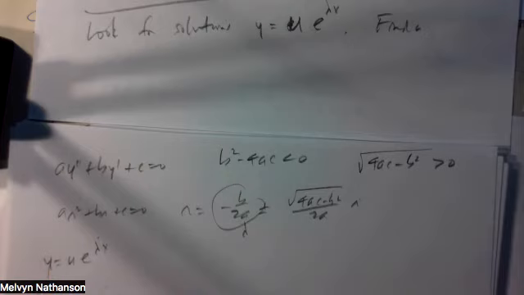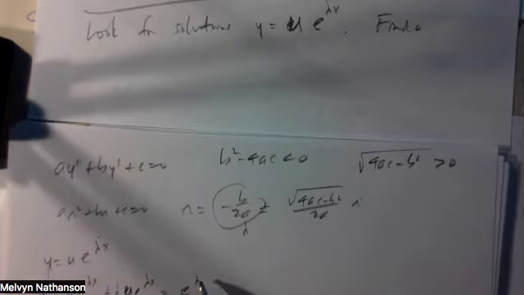So if that's y, y prime is u prime e to the lambda x plus lambda u e to the lambda x, which is e to the lambda x times u prime plus lambda u.